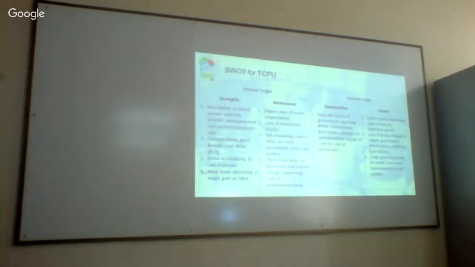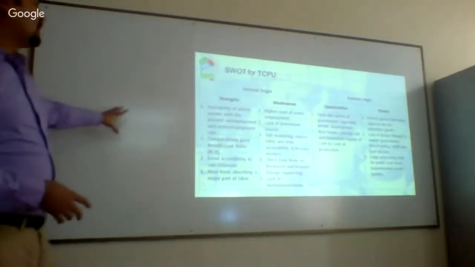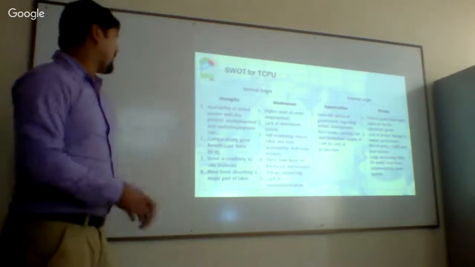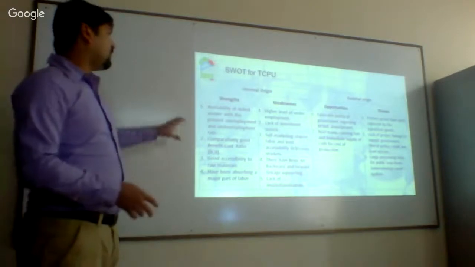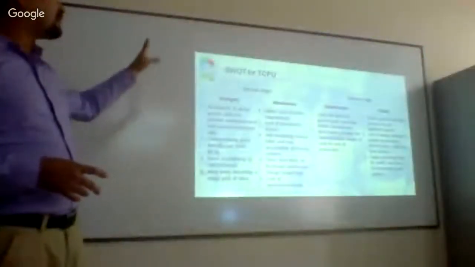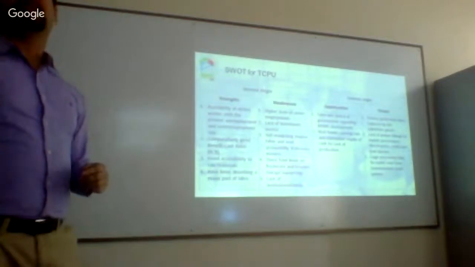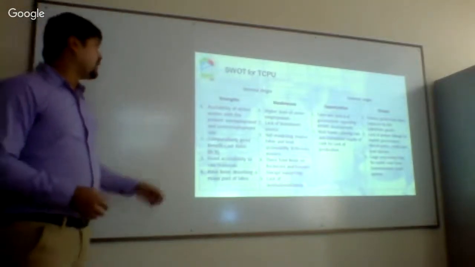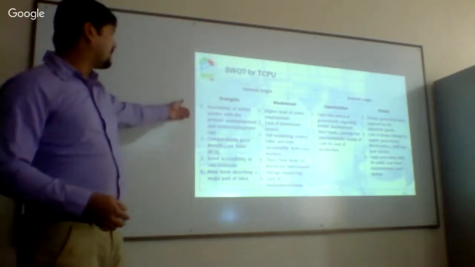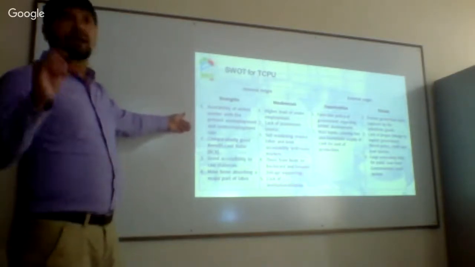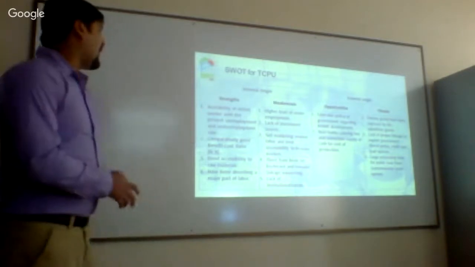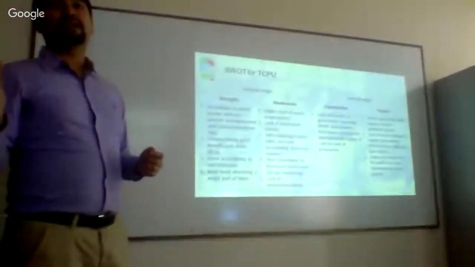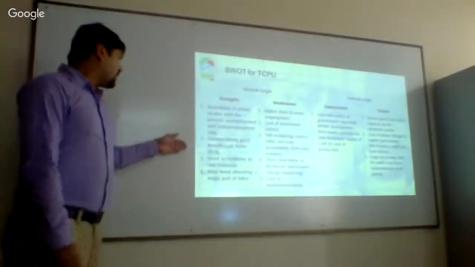After all those things, I put those criteria in the SWOT analysis framework. From here, we understand the strengths, weaknesses, opportunities, and threats of each group. I just present the TCPU here. The strength is the availability of skilled workers, given the present unemployment and underemployment rate in their communities.